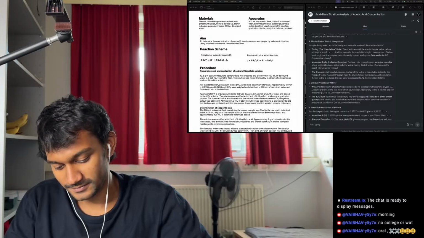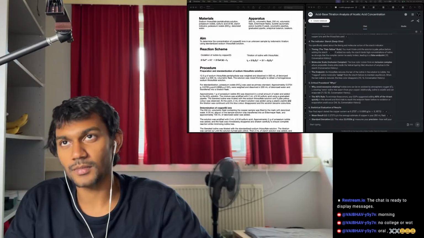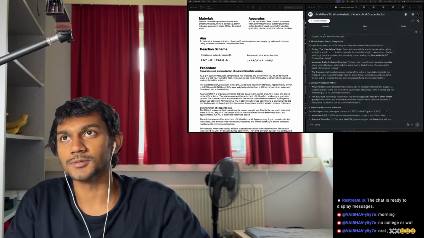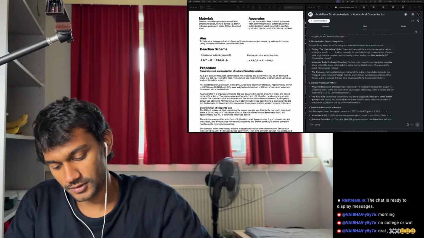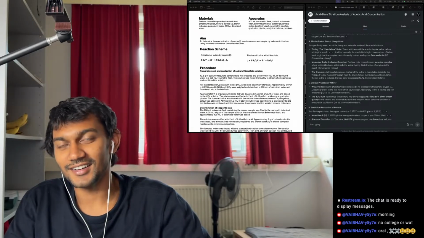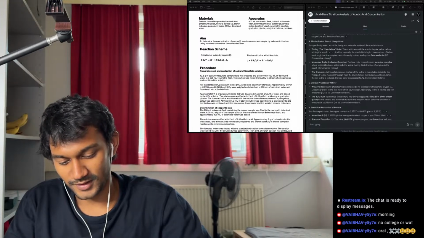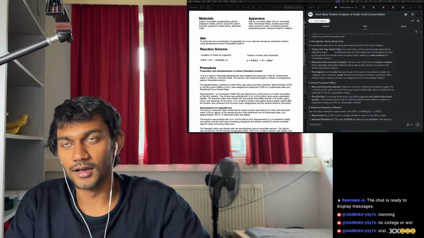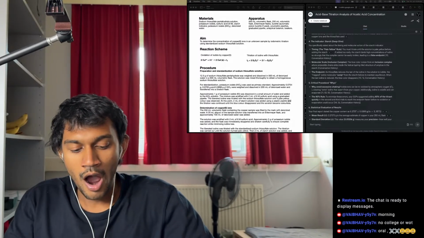Determination of copper 2 plus ions by iodometric titration.